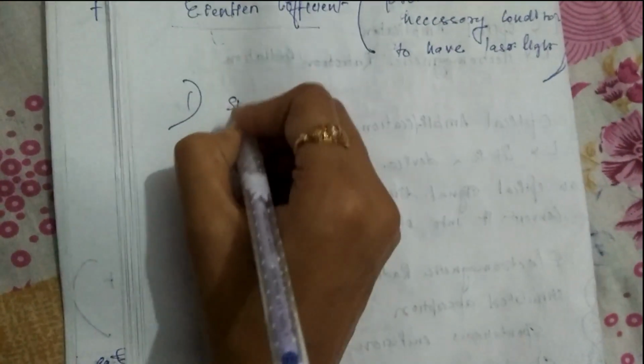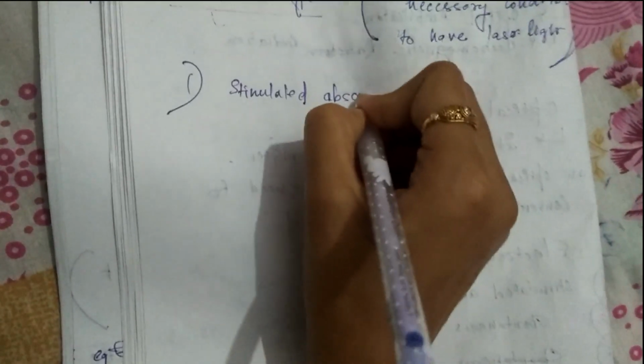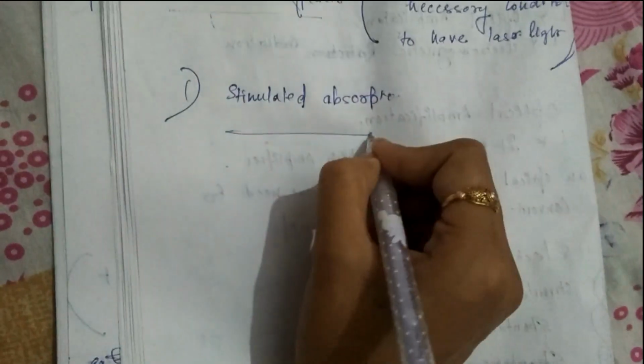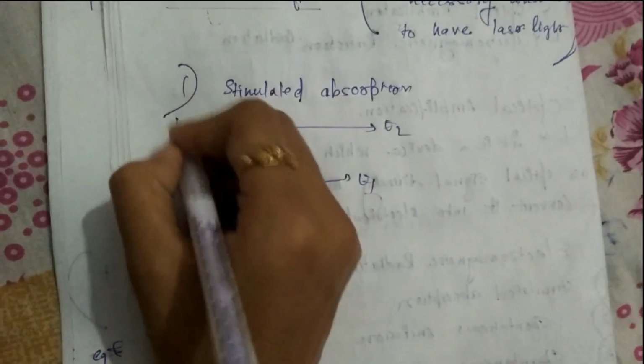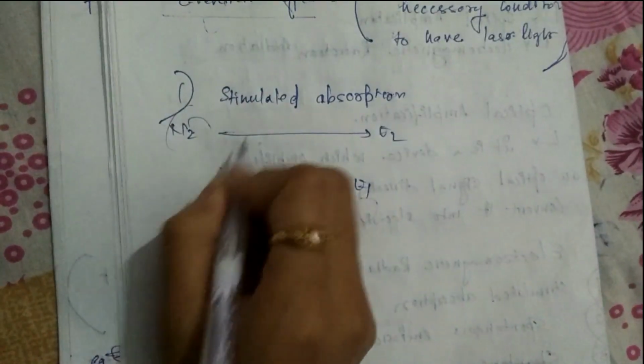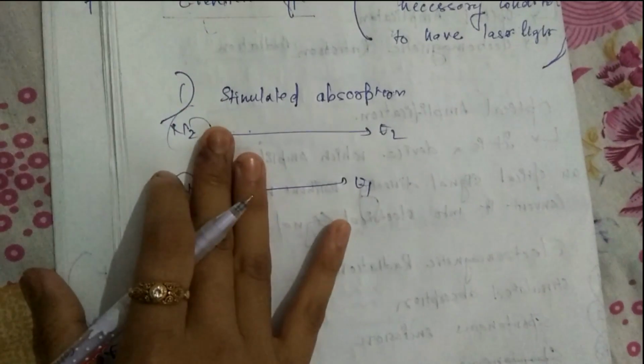First we have stimulated absorption. If we have two energy levels, E2, E1, having N2 be the number of electrons in energy level E2 and N1 be the number of electrons in energy level E1.